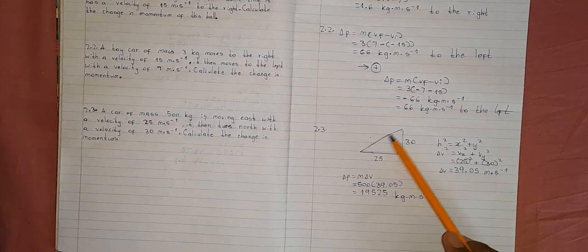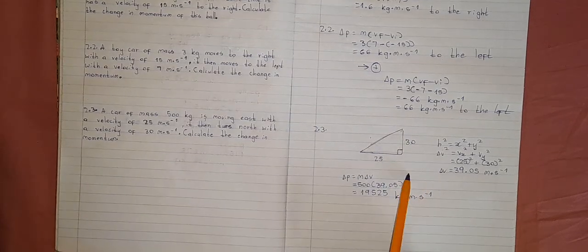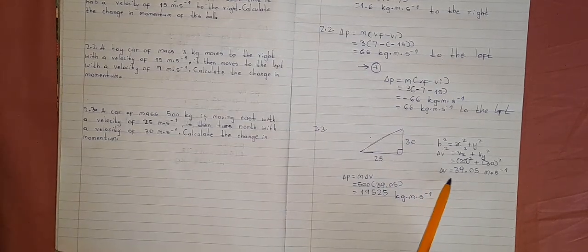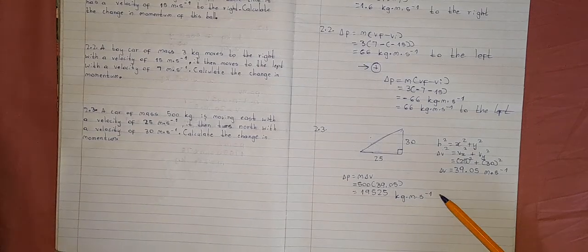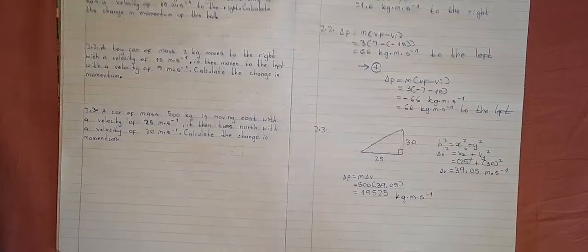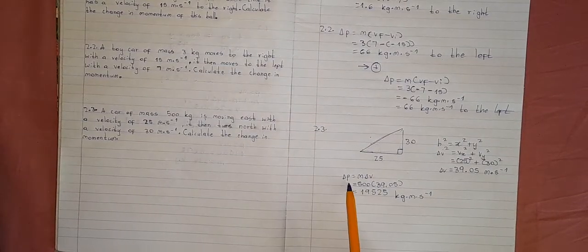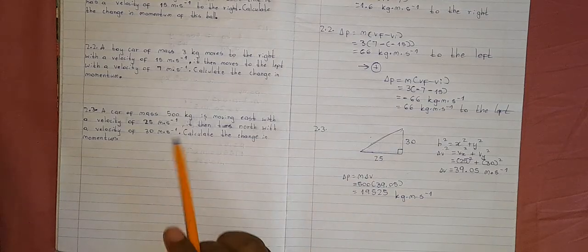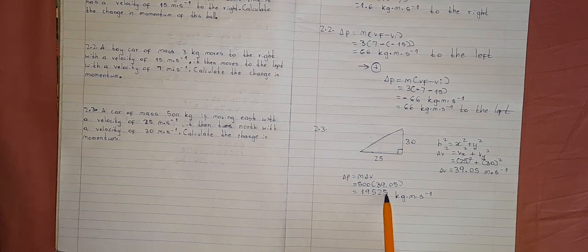We got the hypotenuse to be 39.05, which gave us the change in velocity. The formula for the change in momentum is mass times the change in velocity, so we take the mass of 500 kg times the change in velocity. It gives us this change in momentum.